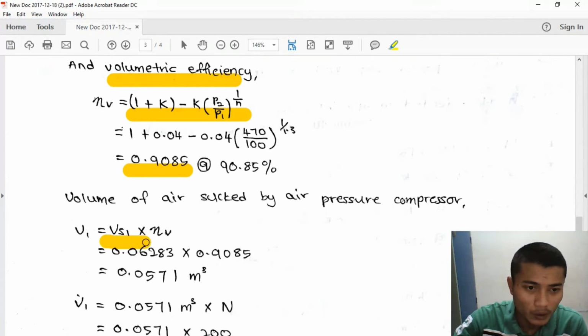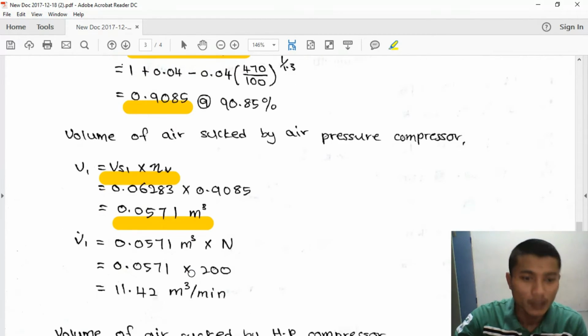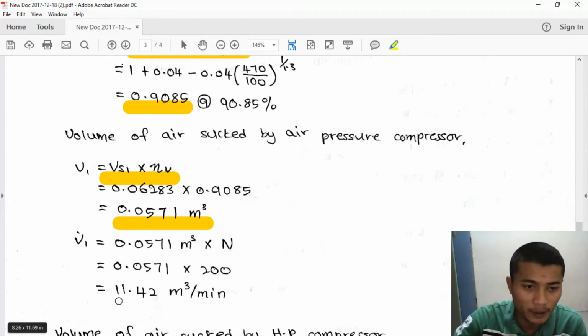Using this formula, we get the volume 1 equal to 0.0571 meter cubed. To find the volume flow rate, we multiply the volume by N, and we get the volume flow rate of 11.42 meter cubed per minute.